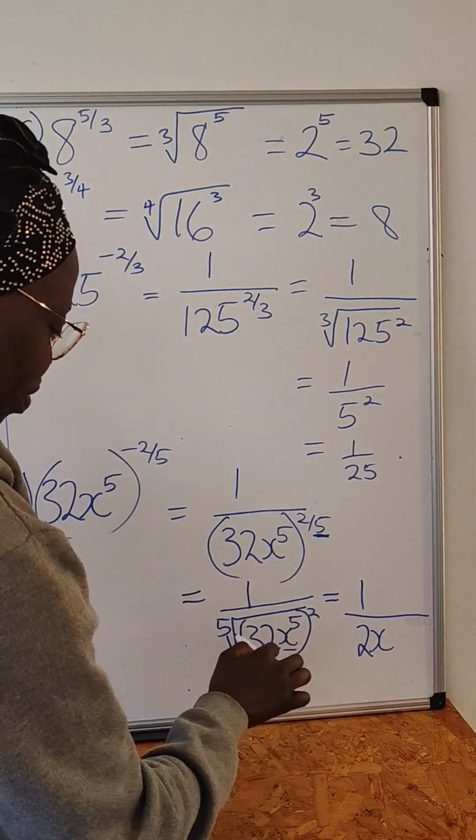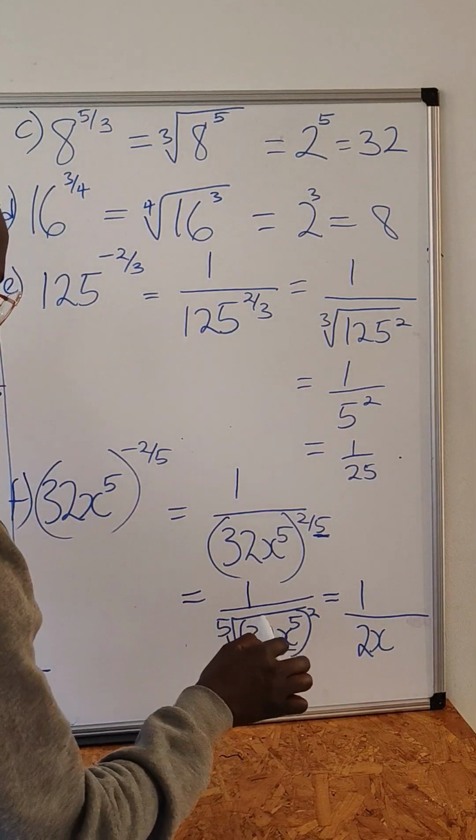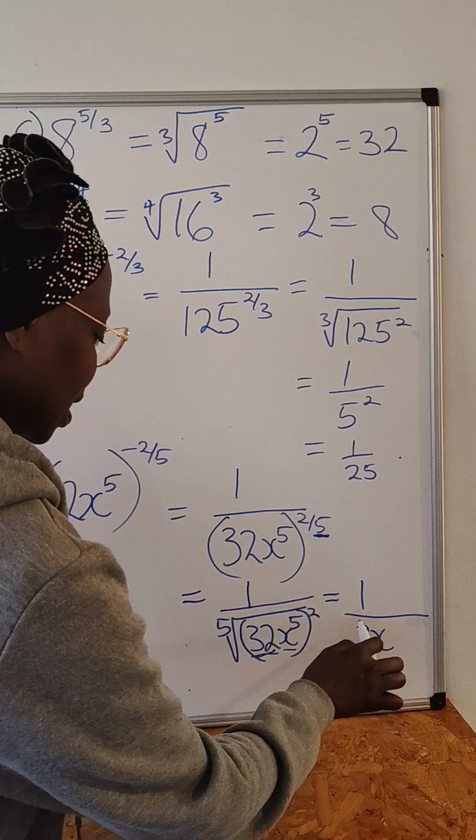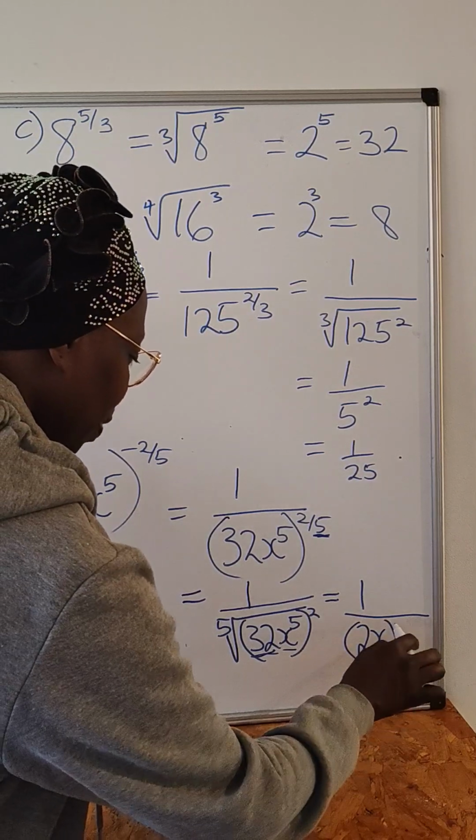So we have the fifth root of 32x^5 to be 2x, then everything raised to power 2.